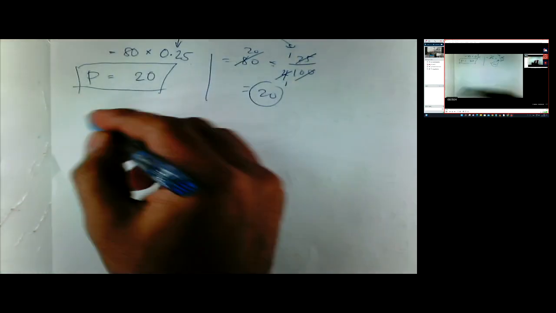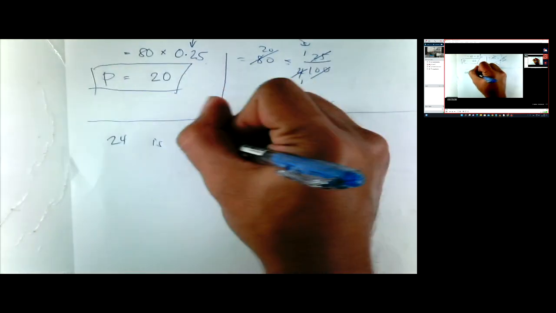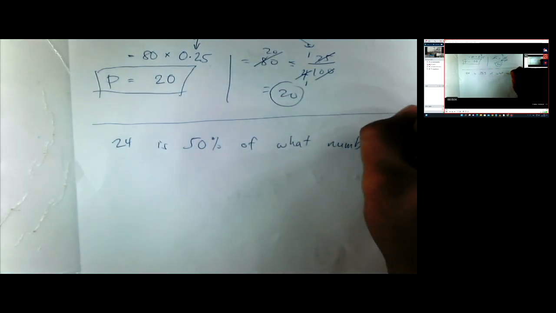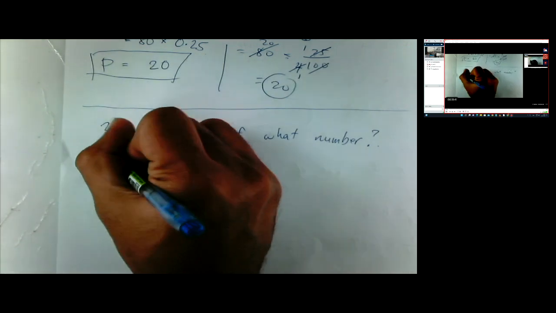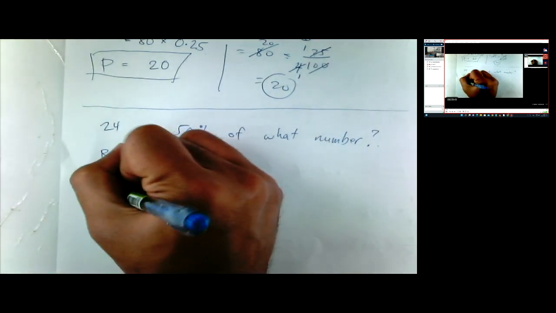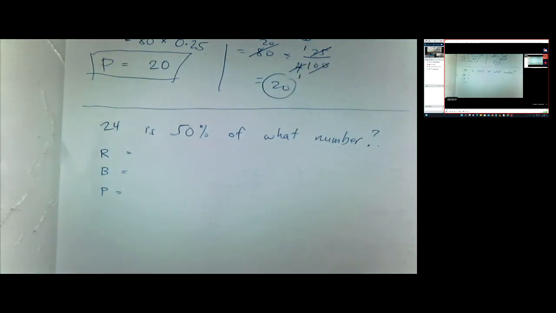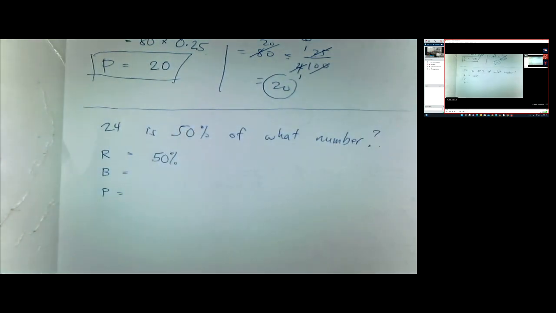24. I'm just going to write this one, okay? 24 is 50% of what number? Let us identify the rate, the base, and the percentage. What is the rate of the given problem? 50% is the rate. What is the base?